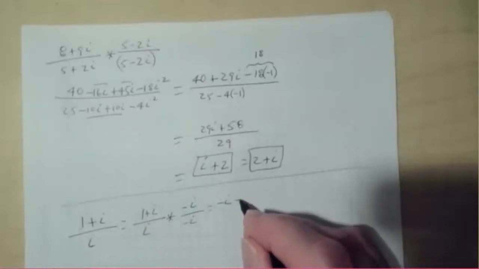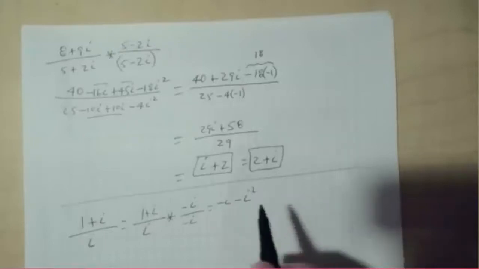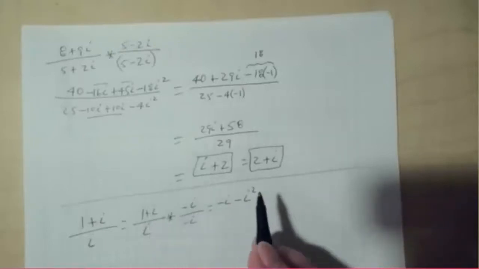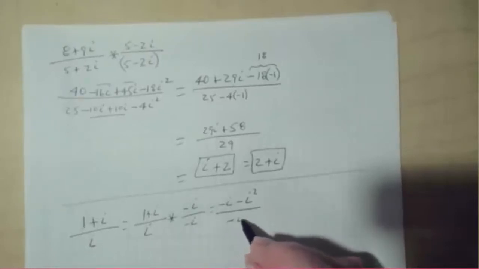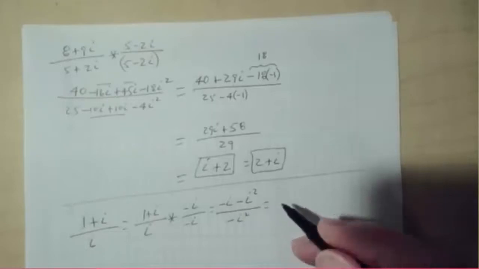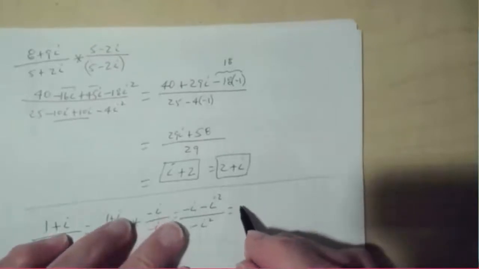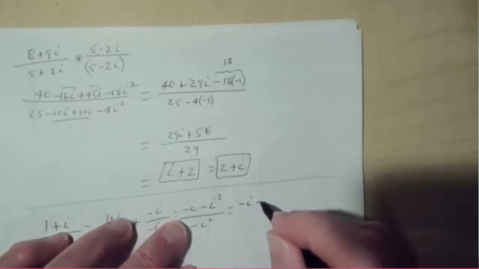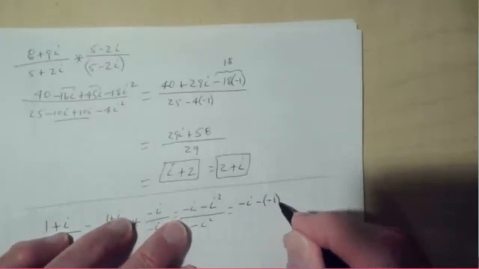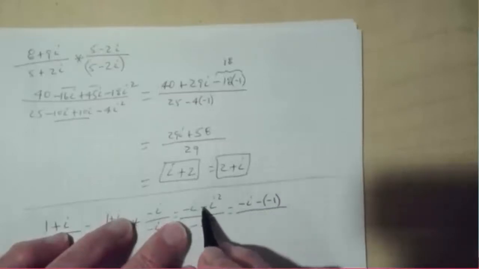Okay, now we're going to distribute the negative i in the numerator times everything in here. So we're going to get negative i times 1 is negative i. Minus i squared. Over negative i squared. Let me go through this a little bit.